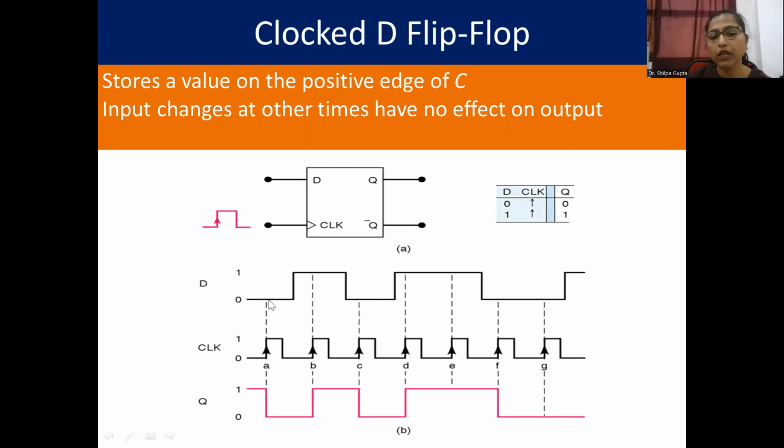So here it is the positive edge of the clock. It will access the input. Input is 0, so output would be 0. At this part, the previous output was 1. Now it will become 0 because of this 0. Now the second edge is coming here. The input is 1 at that time, so the output will become 1 immediately. The next edge is coming at this point. Here the input is 0, so output becomes 0 immediately.